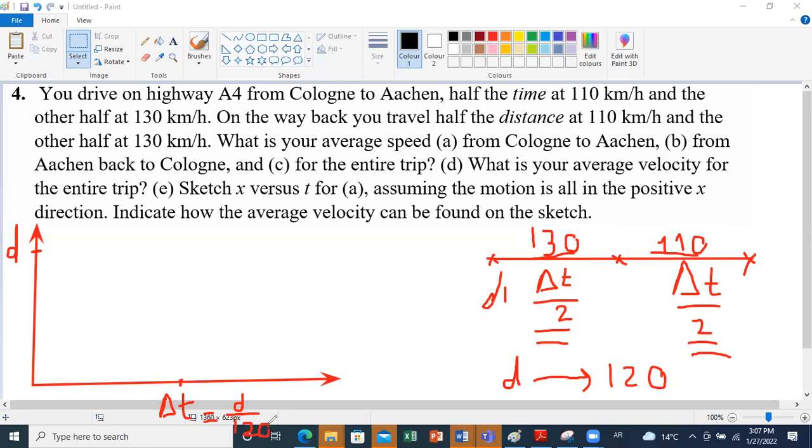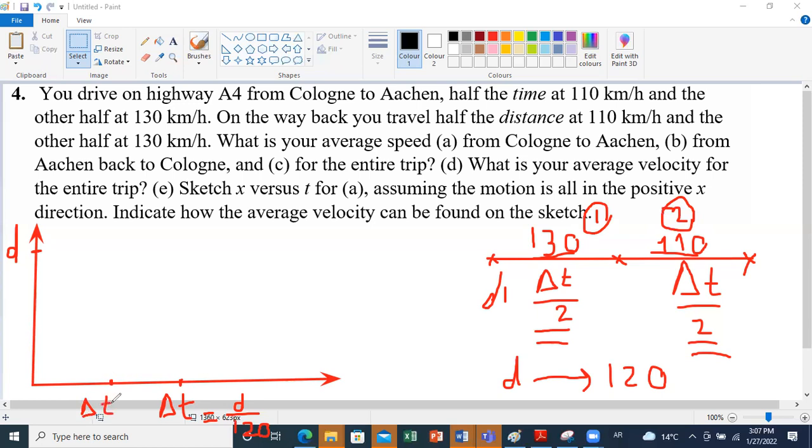Since I know this, I can determine what is half of this time. So delta t of phase 1 and phase 2 is d over 240. So I can write here, this is delta t over 2.